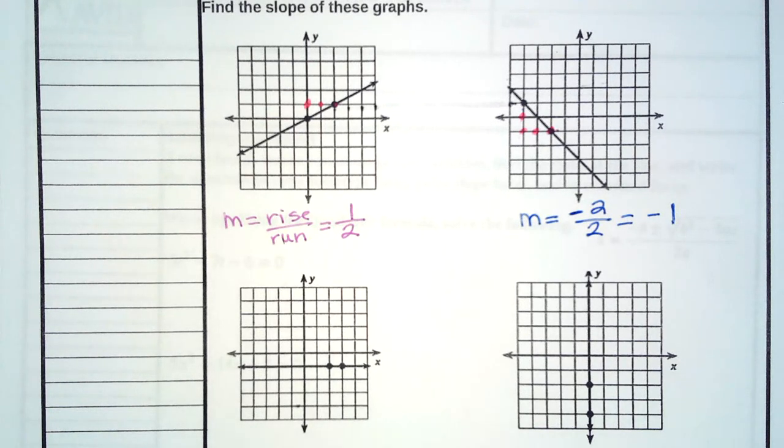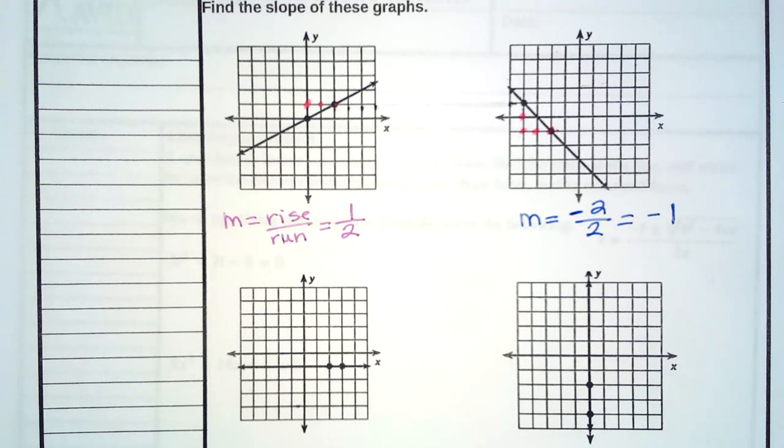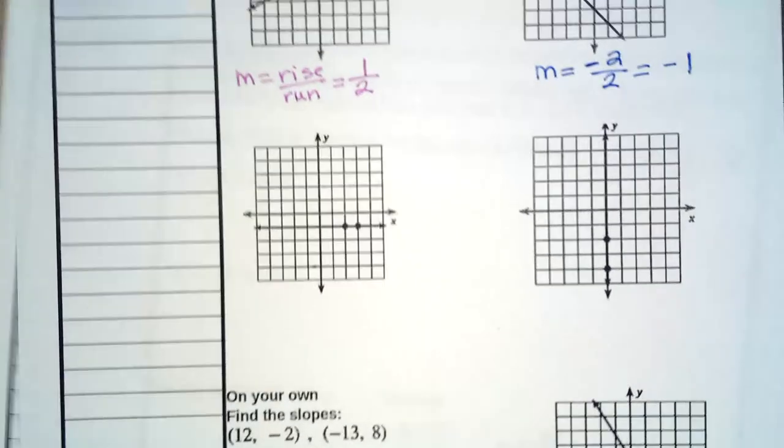Okay, looking at the next 2, what do you think is going to happen? Think about the horizontal line we had from the last page and the vertical line. What were their slopes? Well, let's look at these.